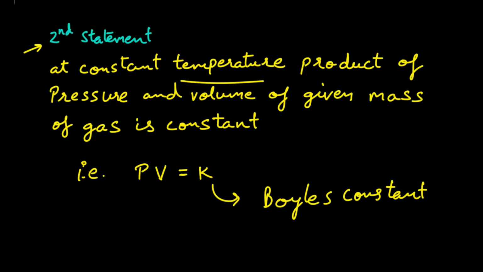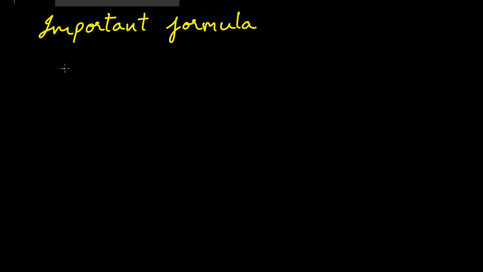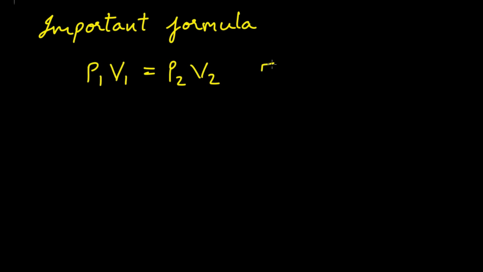So if somebody is asking to find the Boyle's constant, he or she is simply asking you to find the product of pressure and volume. Boyle's law also gives us an important formula, that is P1 V1 is equal to P2 V2, and the condition is at constant temperature.